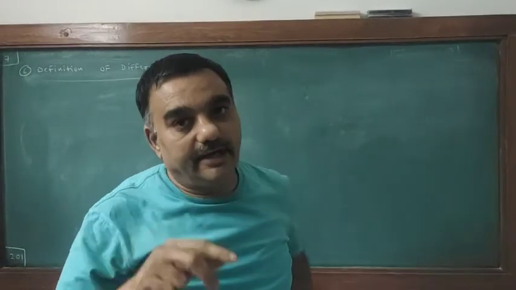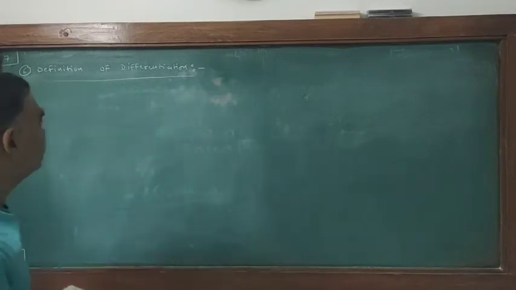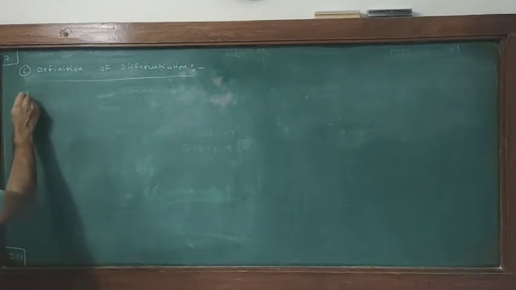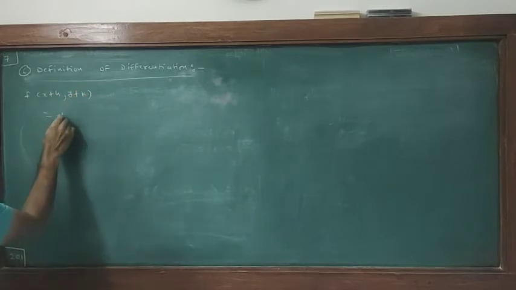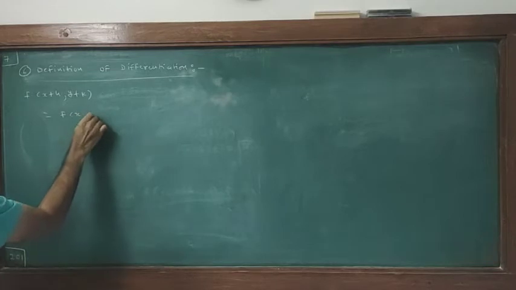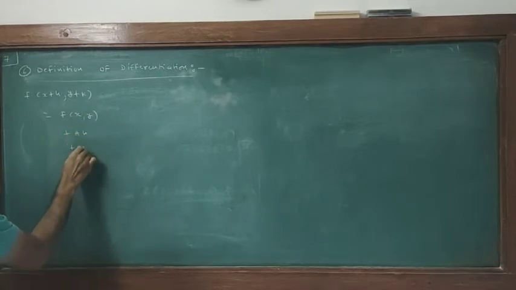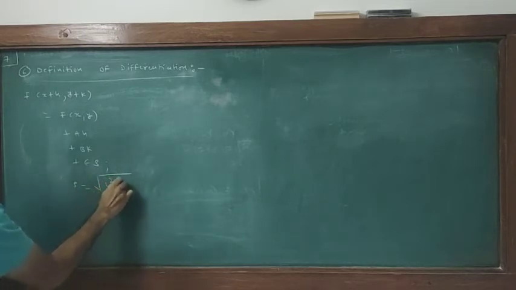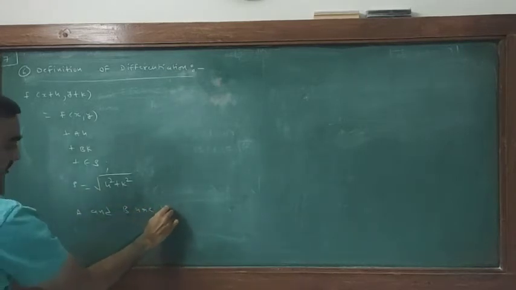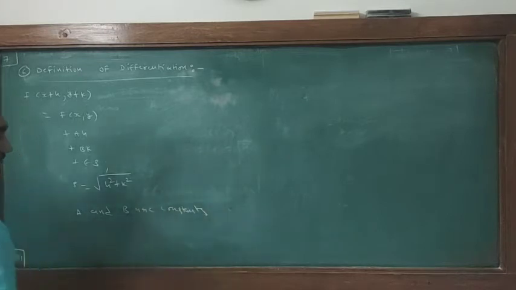But this definition is in one dimension. Now what I say is in two dimensions. f of (x plus h, y plus k) is equal to f of (x, y) plus a h plus b k plus epsilon rho, where the value of rho is the square root of h square plus k square. a and b are constants, and they are not dependent on h and k.